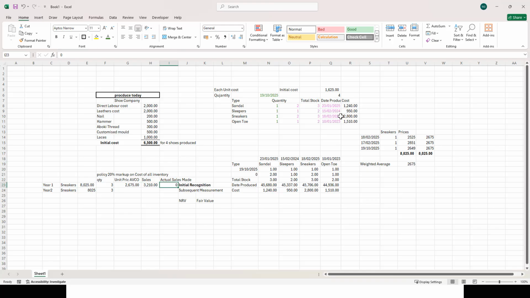I made sneakers in February 2024, but I've not sold any up until now. What is the reason that it is not sold and it is not impaired? What other reason can it be?